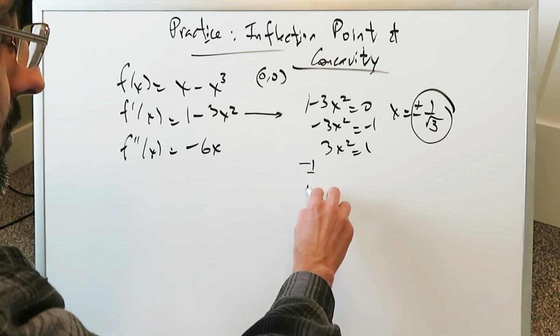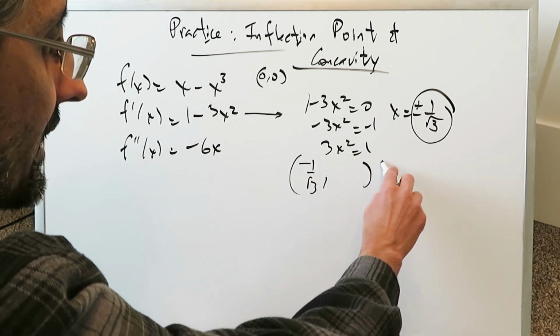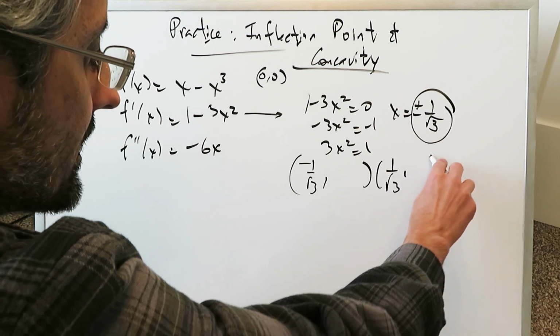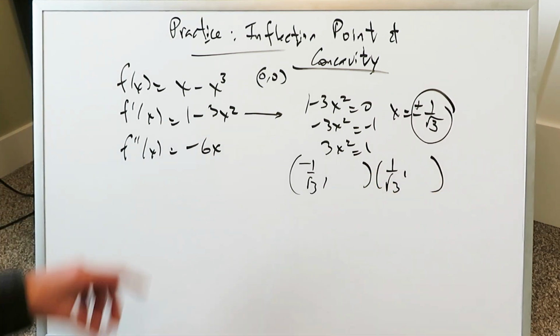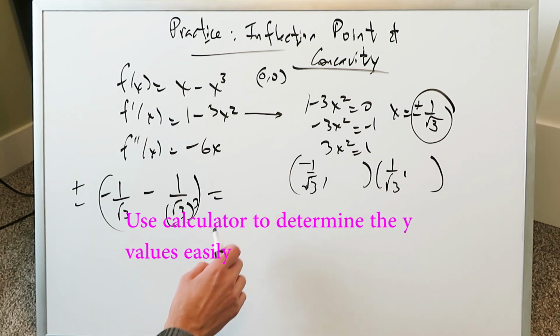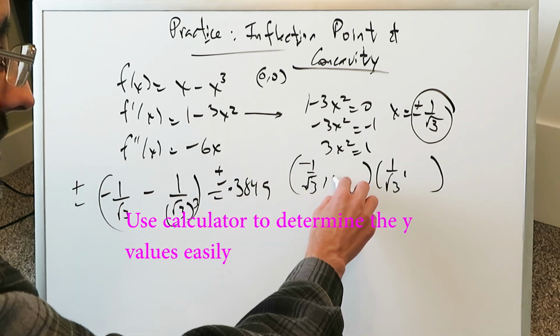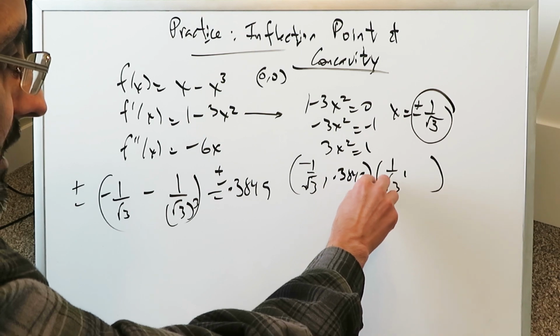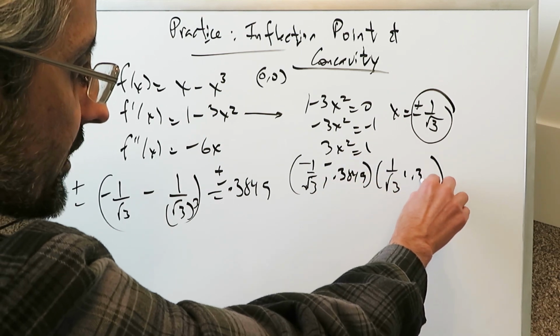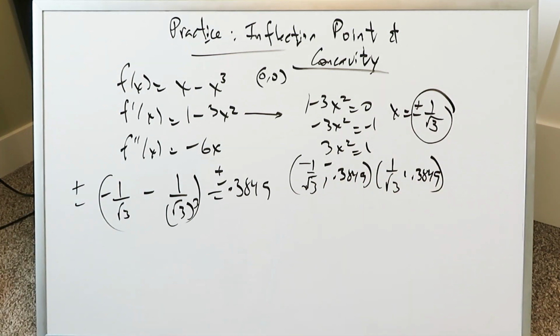We'll have a minus 1 over root 3, and then a positive 1 over root 3, and we can determine the y value from right over here. I'm getting 0.3849 with a minus sign, and a positive 0.3849 over there.